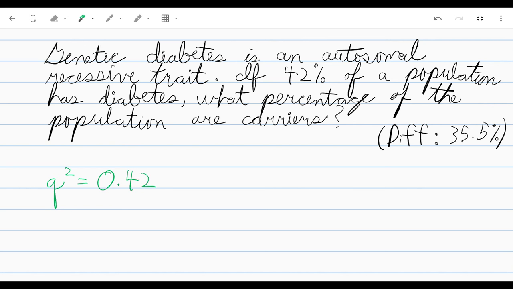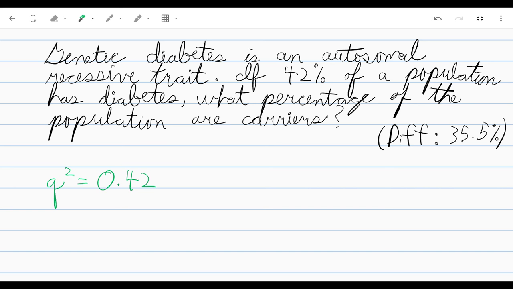And that's where I think people get thrown off right away. We don't know what p squared and 2pq are yet. We're actually looking for 2pq as our final answer, but we're not there.